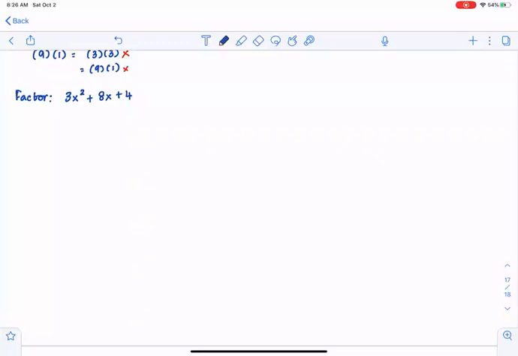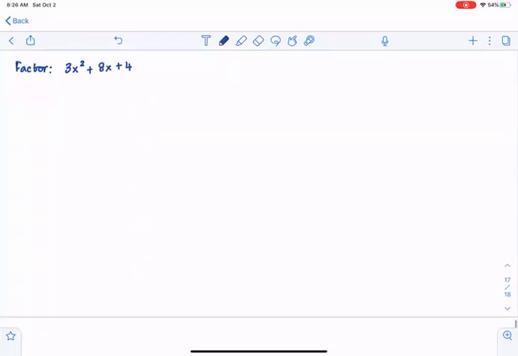So here we have 3x squared plus 8x plus 4. That's not a 1, so we have to multiply the first coefficient by the last term, which is 4. We get 12. We could split 12, of course, 4 times 3.